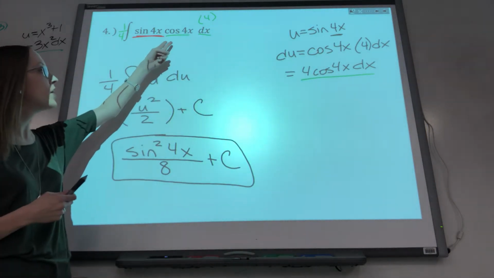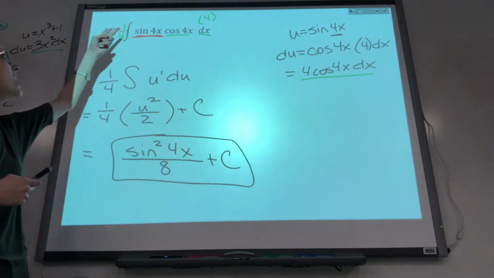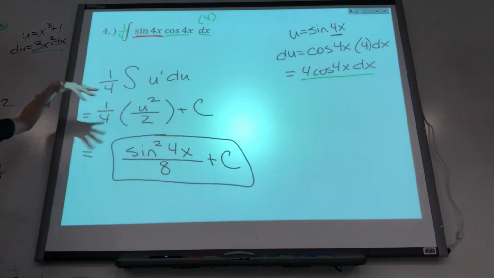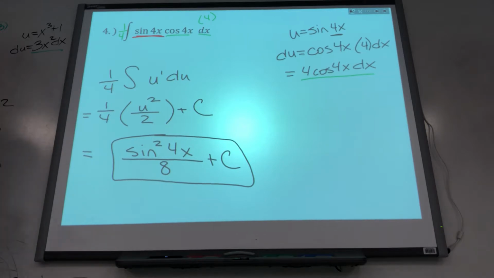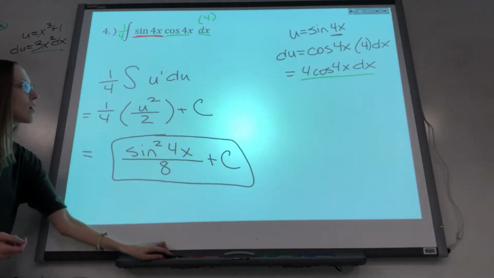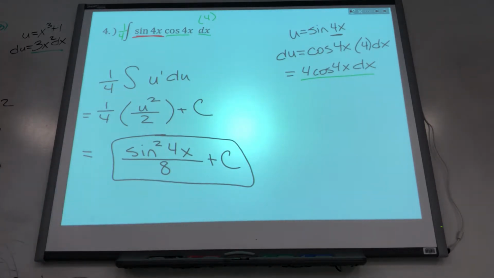So I'd have to put a negative 4 here, a negative 1/4 out front. Again, it gets you back a different answer, but technically they're both correct. I think you may run into something like that in your homework, and I'm not sure if it's one that you can check in the back or not, but there is possibilities that you could have 2 correct answers.